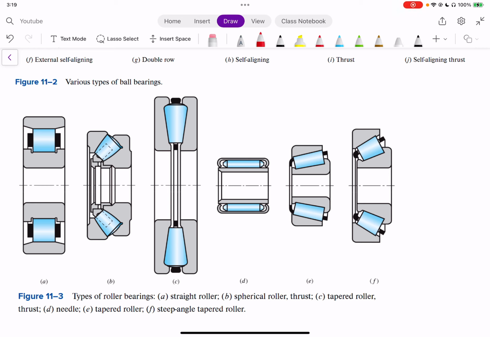There's many different types, needle bearing, steep angle tapered roller, and you can see all these different rollers. But essentially, the difference between the two is that one would have a ball to rotate around, which allows more rotation in all directions, and creates maybe slightly more friction. The other is a roller bearing, which is a little bit more precise, essentially. But those are the main two differences.